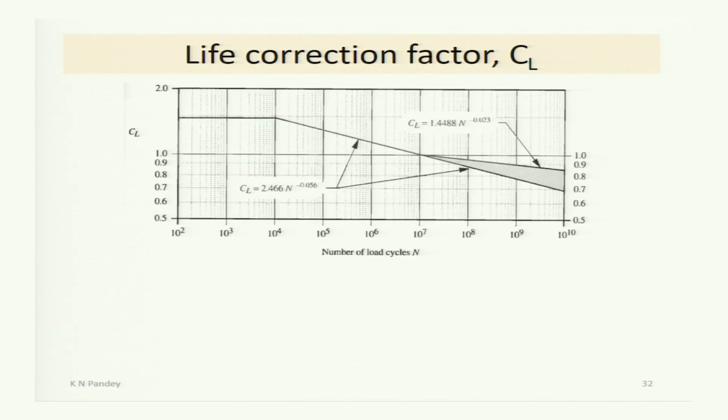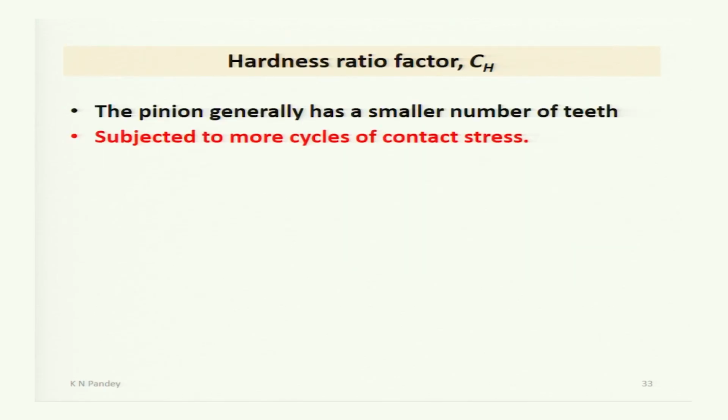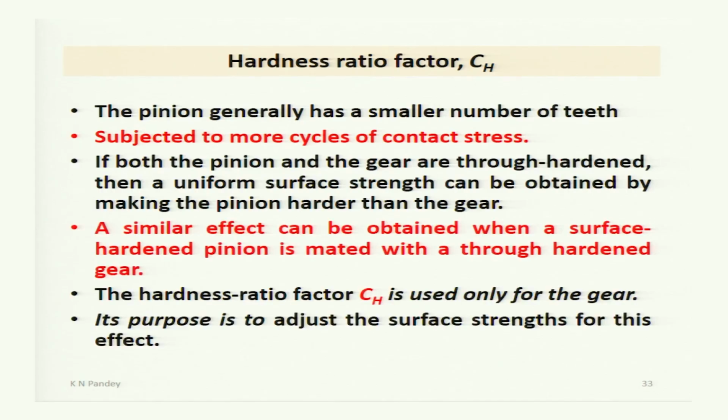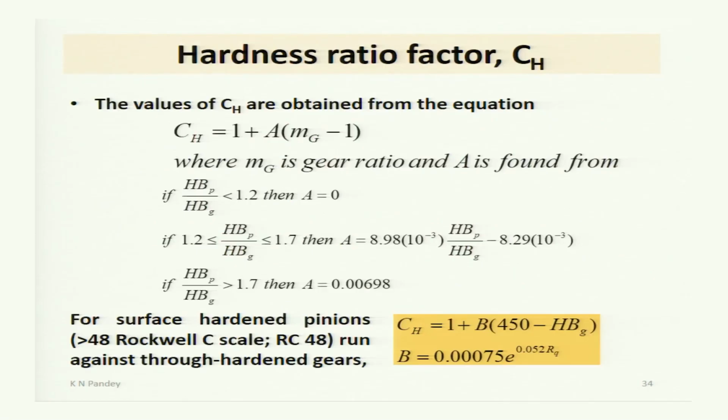The correction factors are there for the life correction factor, and the hardness ratio correction factor CH. Depending on the hardness of the pinion and the hardness of the gear, you will get the ratio, and depending on the value of this ratio you will have different values of A, and this A is substituted here to get the value of CH, or for the surface fatigue strength KH.